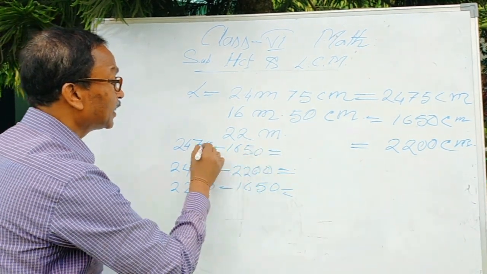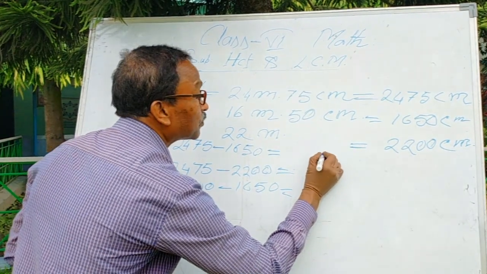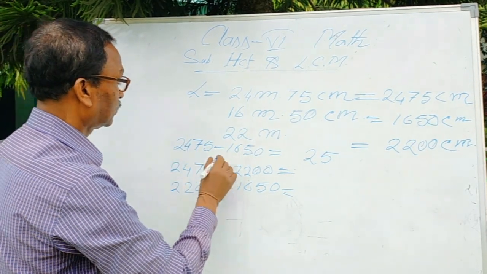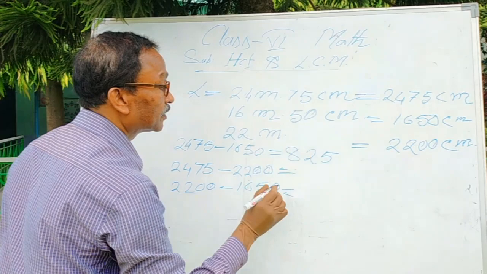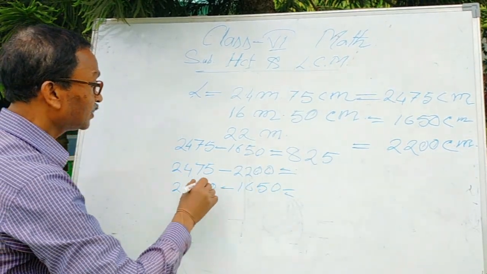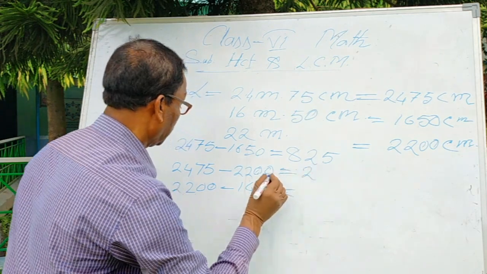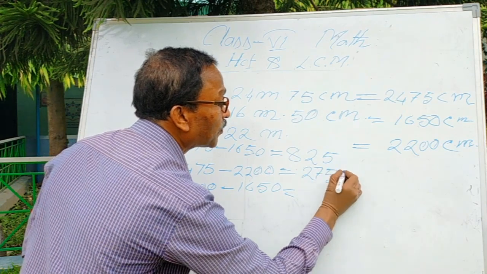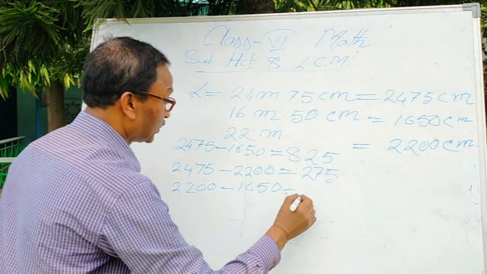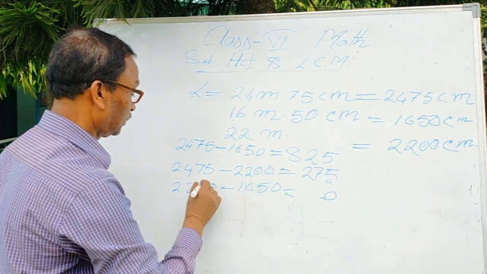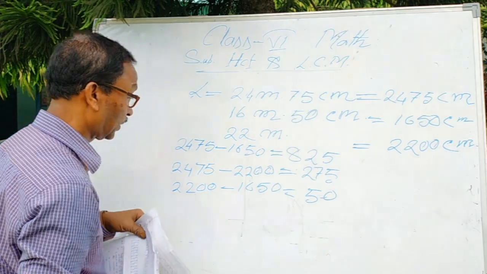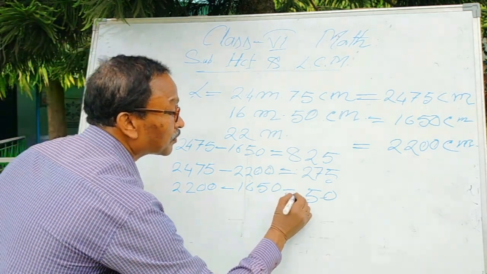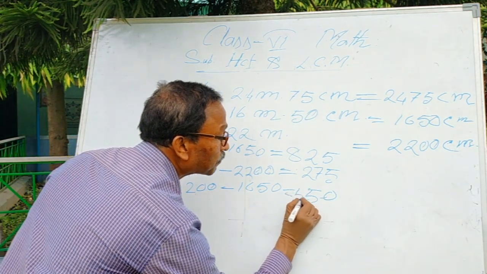When we subtract these numbers, we get 825, 275 and 550.